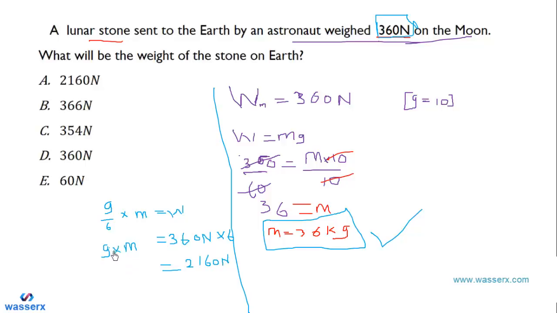But we know that gravity due to acceleration times the mass will give us the weight of the object on Earth. So the weight on Earth is 2160 newtons. Hence the correct answer is option A.